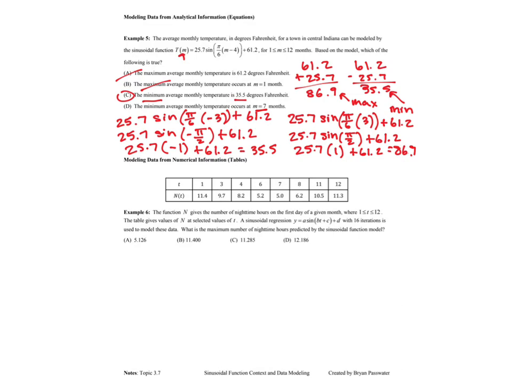What's sine of pi over 2? Sine of pi over 2 is 1. Thank you, unit circle. So I got 86.9. Well, that's not a minimum.